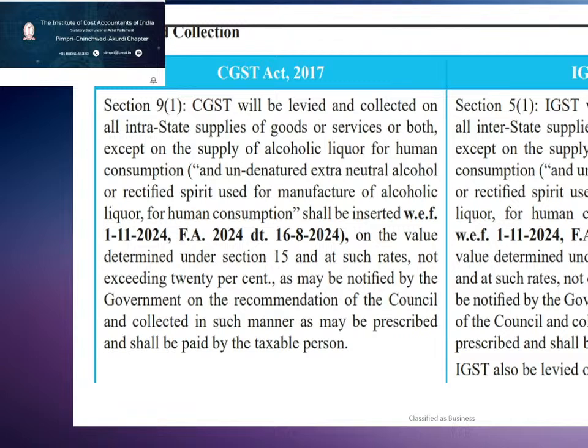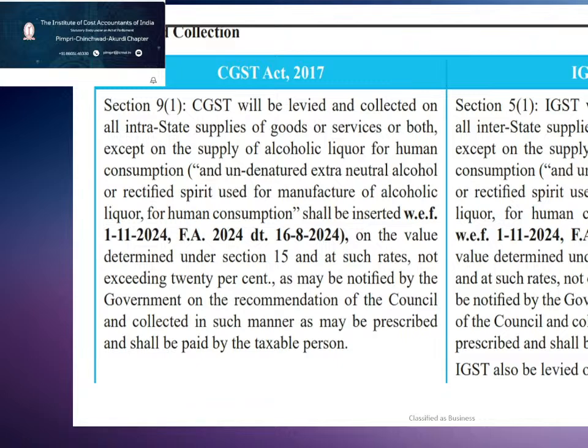Article 265 of the Constitution of India mandates that no tax shall be levied or collected except by authority of law. In this, I'll give a summary of what is in this charge of tax including reverse charge. There are 4 important aspects: taxable event, tax rate, collection or levy, and the person liable to pay.